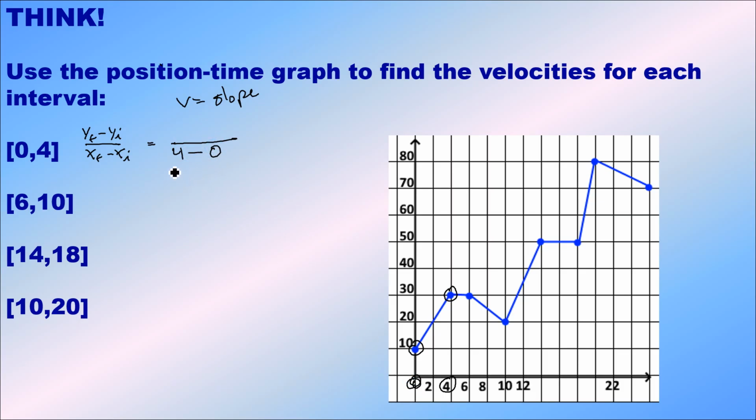So 0 goes right here. And then we have y final and y initial. So it ends up at 30, but it started out at 10. So I have 20 over 4, which is 5. So it went 5 meters per second.